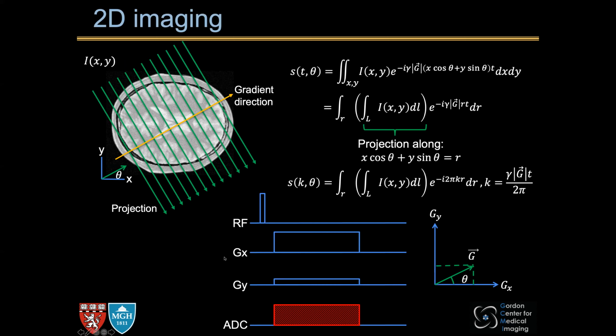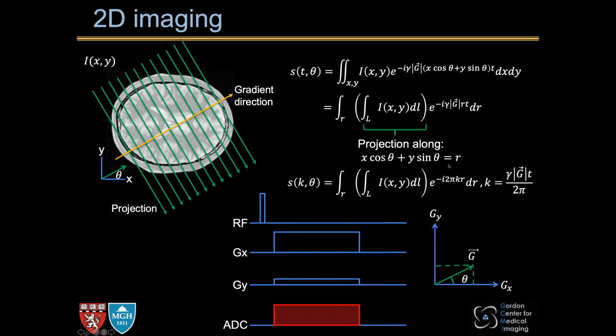Based on the strength of the gradient in the x direction and the strength of the gradient in the y-axis, the synthesized, or effective, gradient field has a direction with the angle theta, which is the orientation of this effective gradient field with respect to the x-axis.